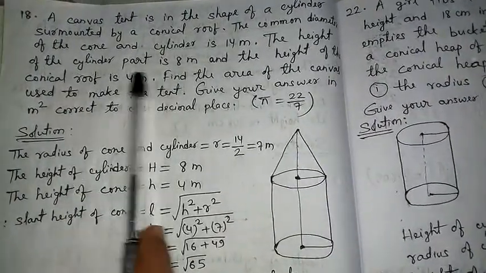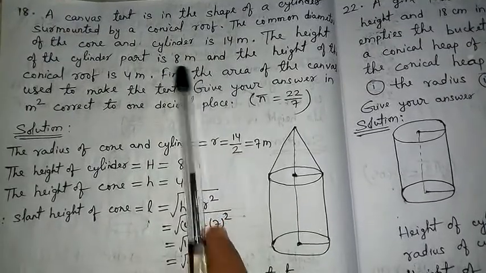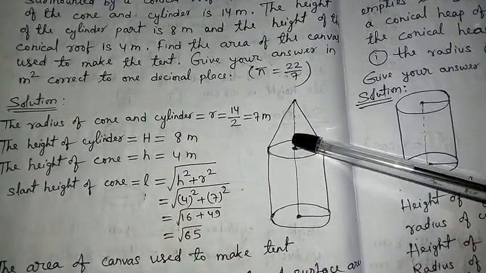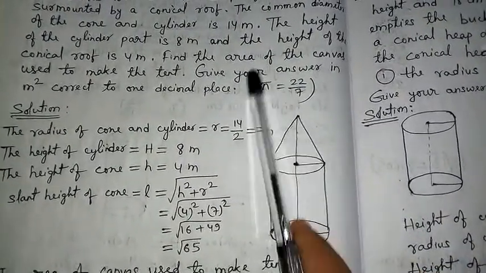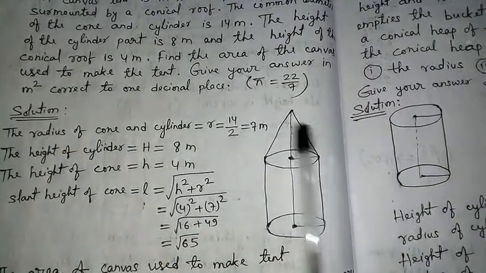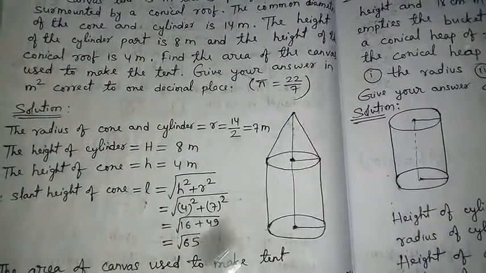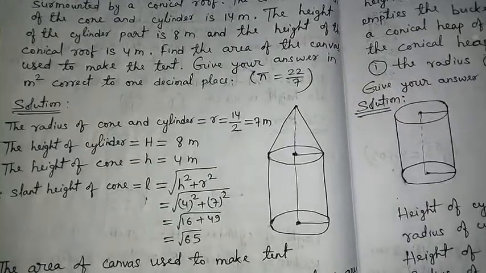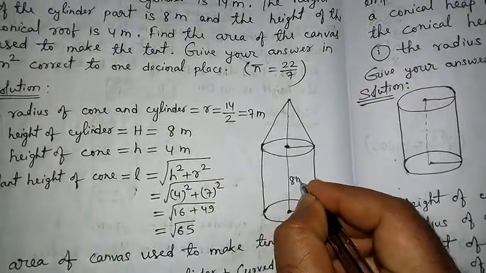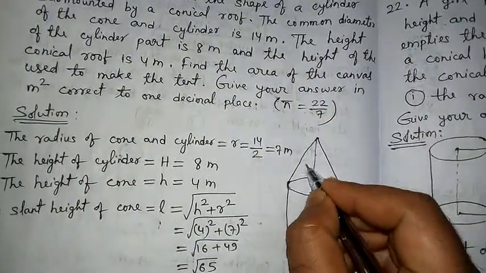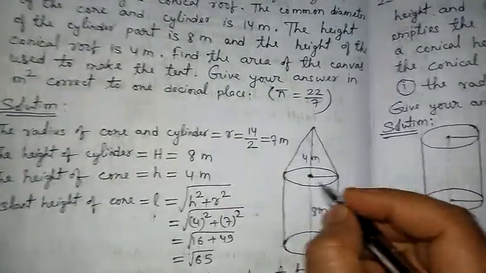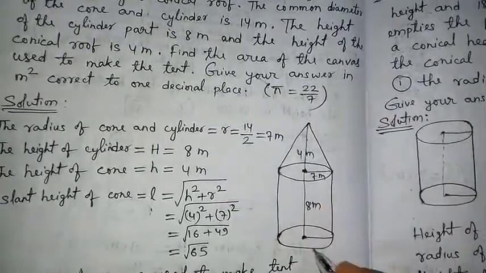The height of the cylindrical part is 8 meter. So the height of the cylindrical part, this part, is 8 meter, and the height of the conical roof, this height, is 4 meter. You can write here also 8 meter, and here it is 4 meter, and the radius is 7 meter.